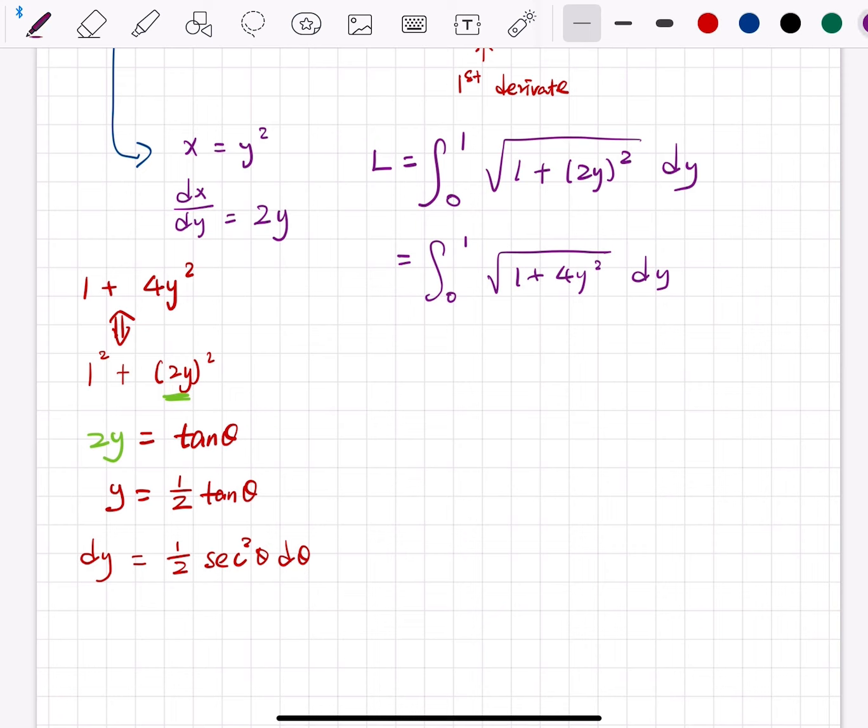So the whole thing can now be rewritten as the integral from 0 to 1. Let us not worry about the limits right now. Square root of 1 plus 4y squared now becomes 1 plus tangent squared theta, and dy is now 1/2 secant squared theta d theta.